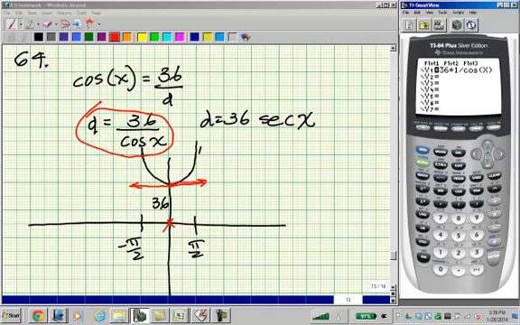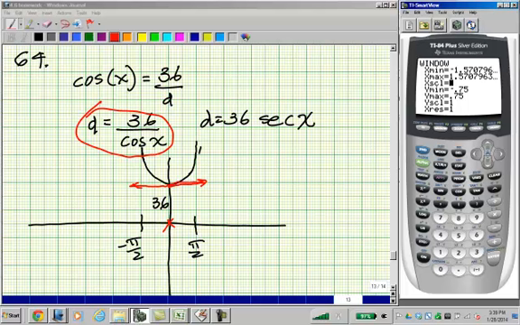Now let's play with the window. We want the minimum to be negative pi over 2 and the max to be pi over 2. Let's make the scale pi over 8.